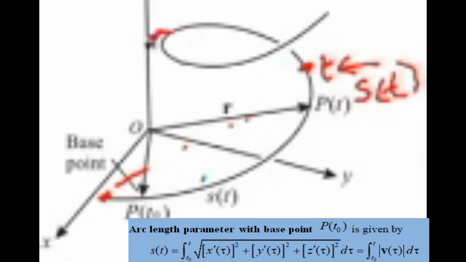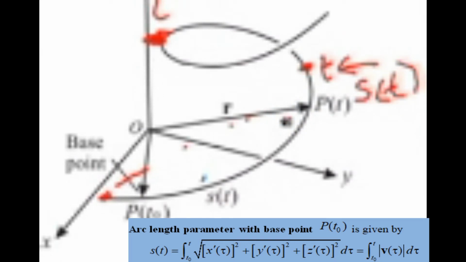Similarly, if we take another point here, say I call it t prime, its arc length from the base point, the arc length between these two points, the initial point and t prime, will be calculated using this formula, s of t is equal to integral t naught to t of absolute value of v of tau d tau, replacing t with t prime.